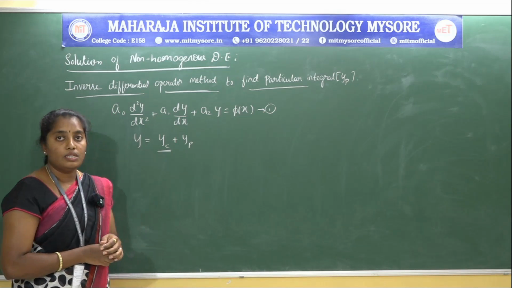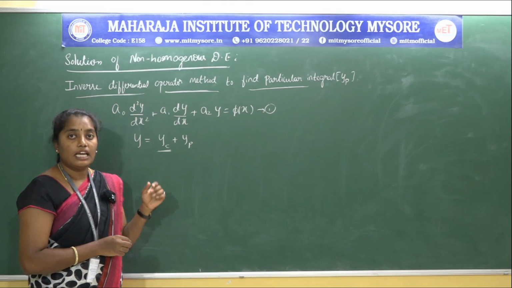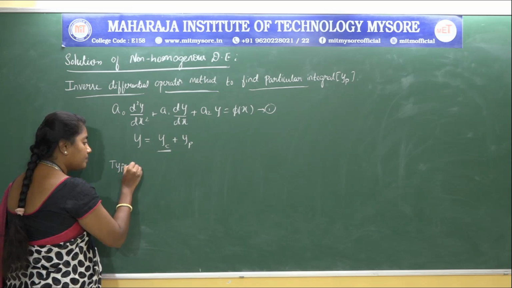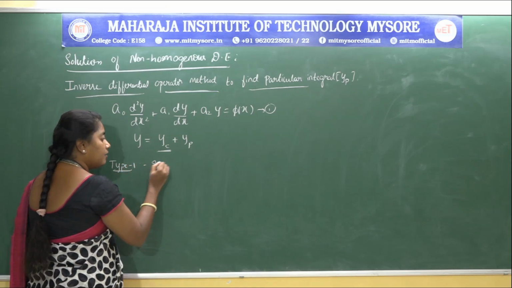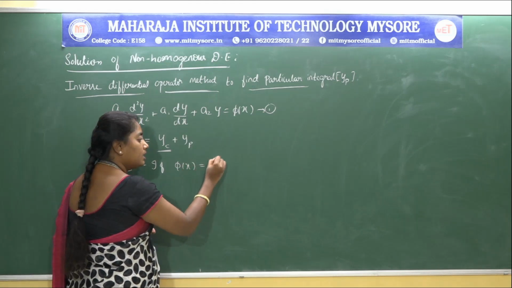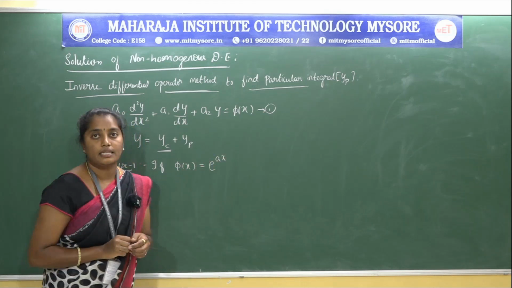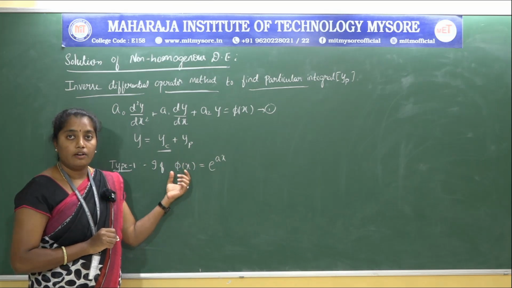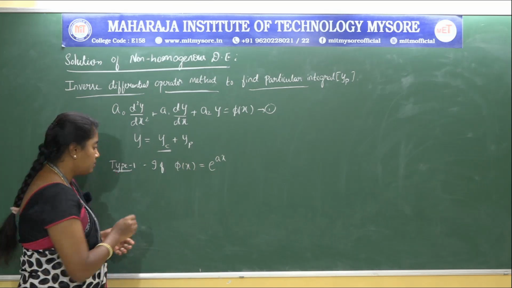In a non-homogeneous differential equation, we have three types of function. Type 1, if phi of x is equal to e to the power of ax, that is an exponential term. Type 1 function is when phi of x is an exponential function.